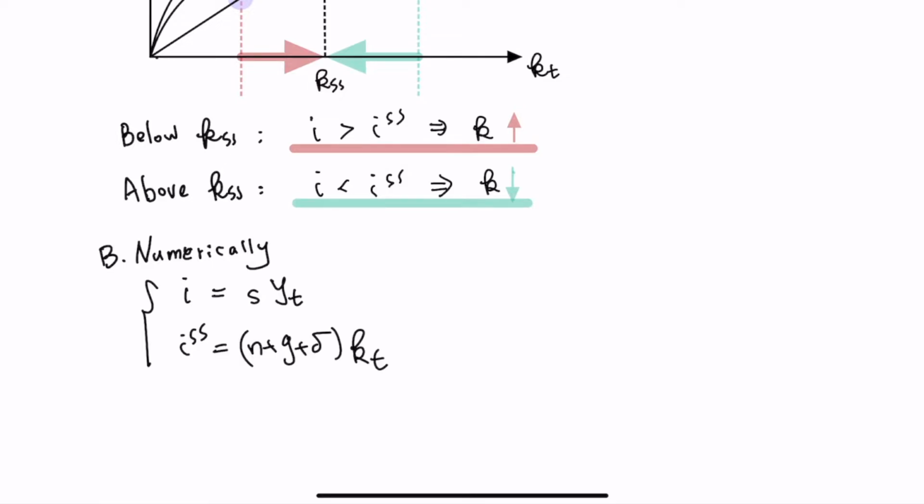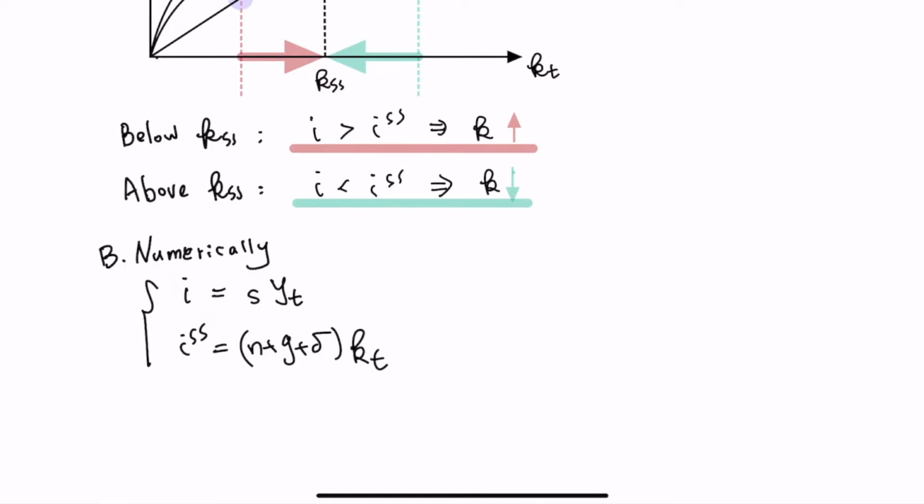On the other hand, we have another equation, which is from the law of motion, that tells us if the economy wants to stay at a certain level of the capital stock, then this is the amount of investment required to achieve this goal.